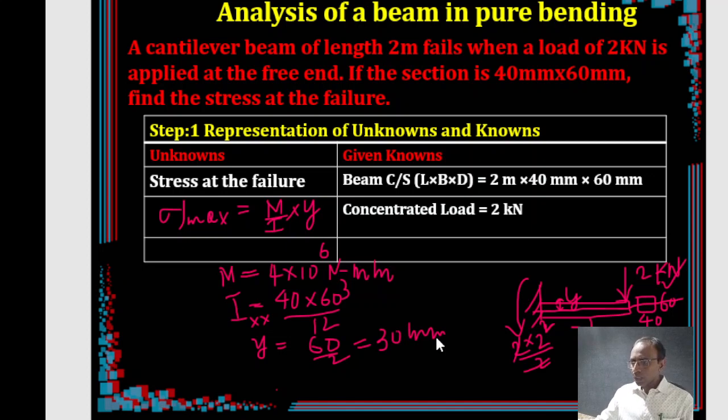So now you got the values of M, I as well as y. So you are right at the solution now. You got this M value, this I value, and this y. So you simply substitute that, and you will get the solution straight away, right?